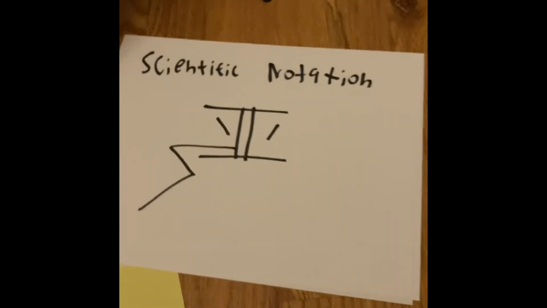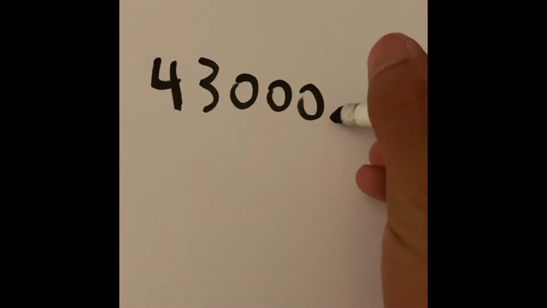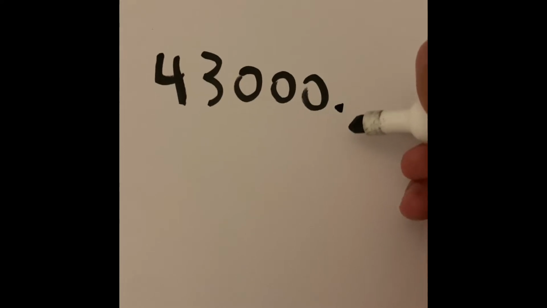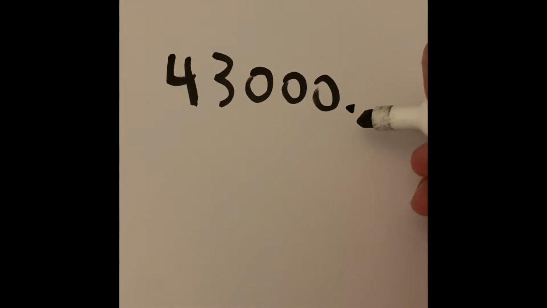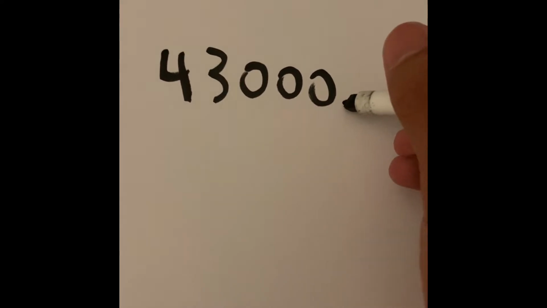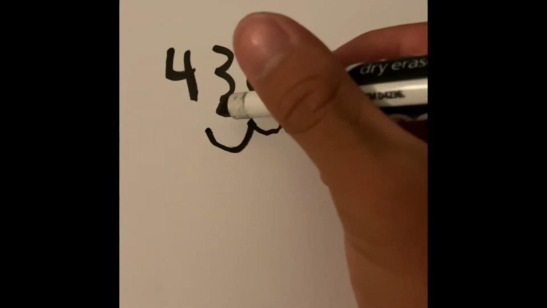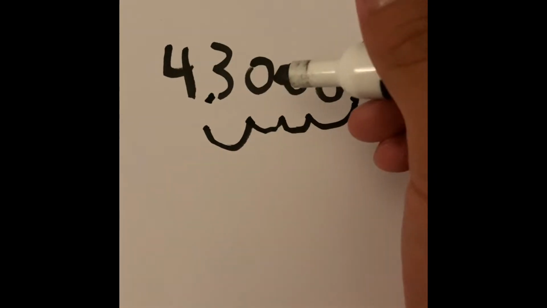So if this right here is standard notation, then scientific notation is a bit different. So you see how 43,000 is a whole number? We're going to place a dot right there, because that cute little dot is going to help us later when we change the number into a different form. So move the dot 1, 2, 3, 4 until it's in the middle of 4 and 3.